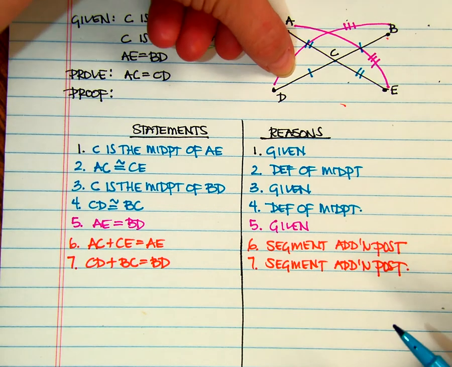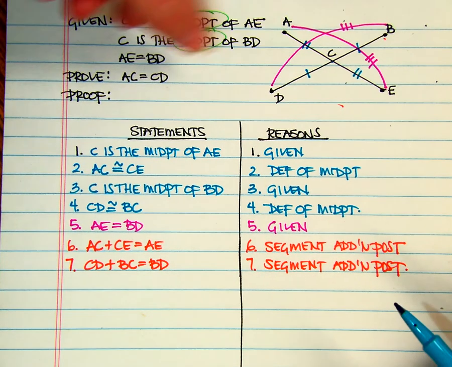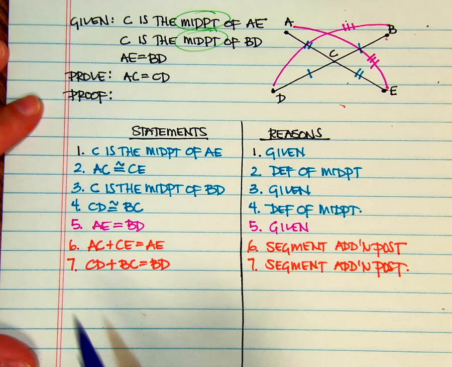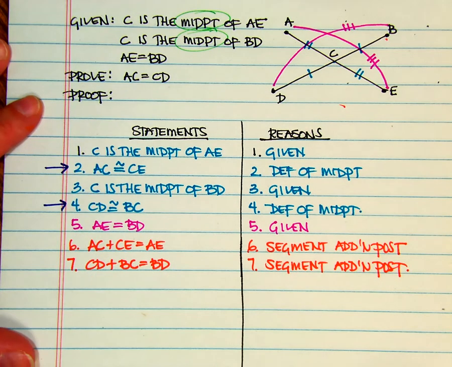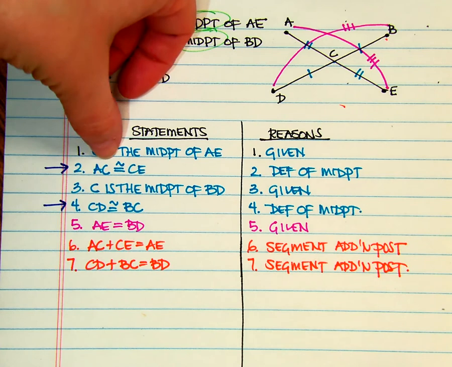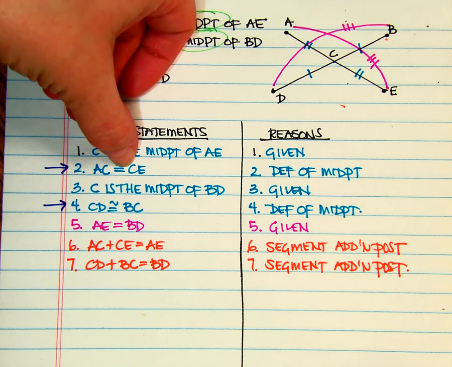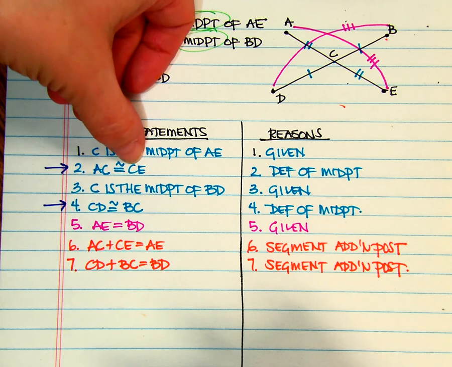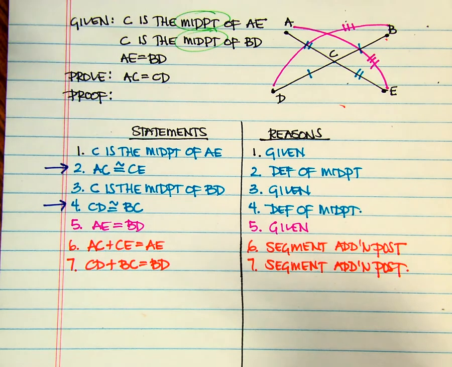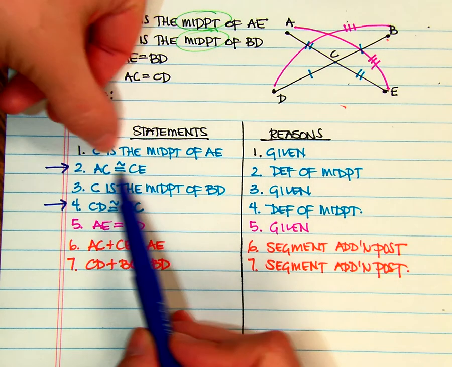Okay, so now I need to figure out where I am going from here. I'm kind of wondering, why do I have these pieces? How am I going to use that? Well, if I know AC is equal to or congruent to CE, anywhere I see an AC, I can put a CE and vice versa. So I've got to figure out which one I want to substitute.